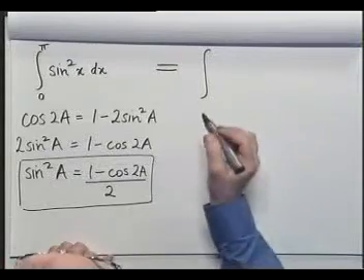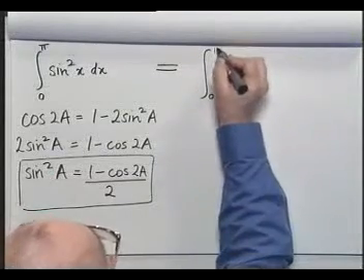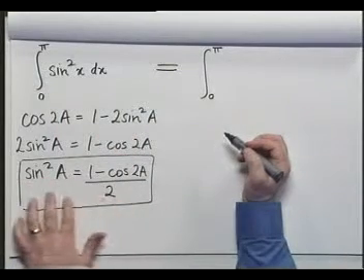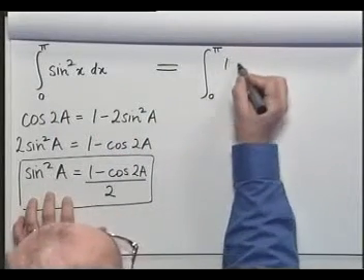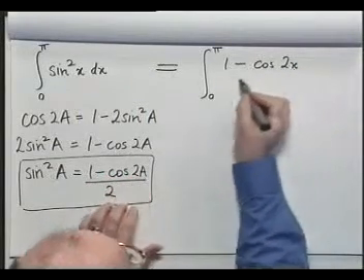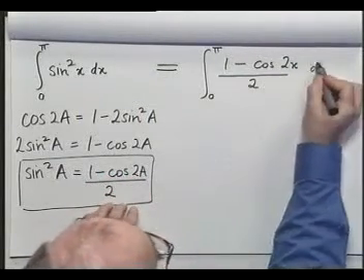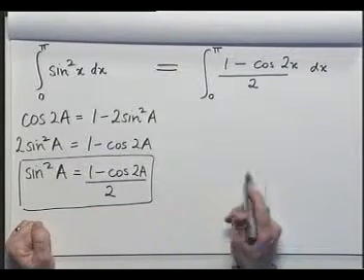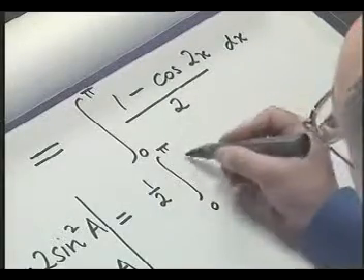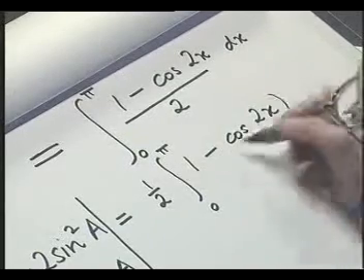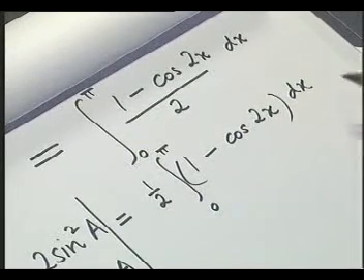The integral will become the integral from 0 to pi. Sine squared x, using this formula, will be 1 minus cosine twice x, all divided by 2, integrated with respect to x. I've taken out the factor a half here, and I'm left with the numerator 1 minus cosine 2x to be integrated with respect to x.